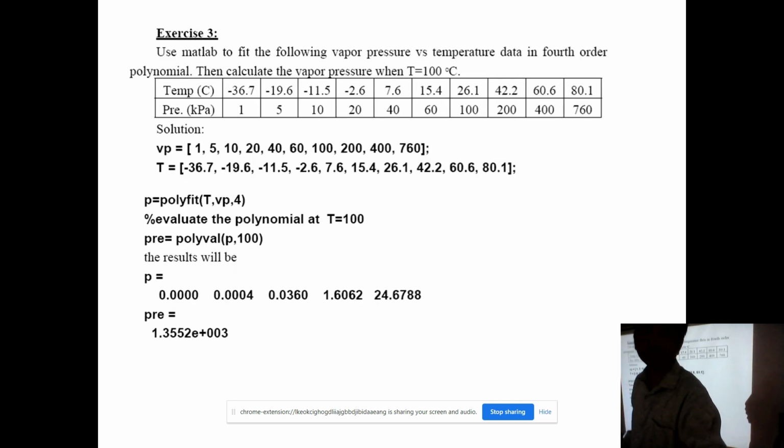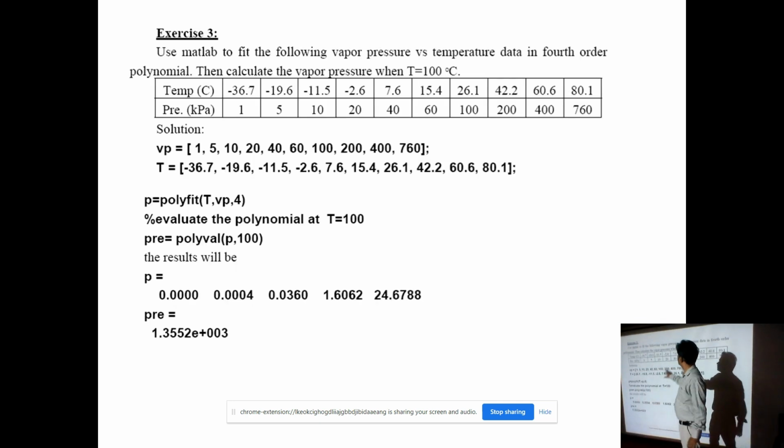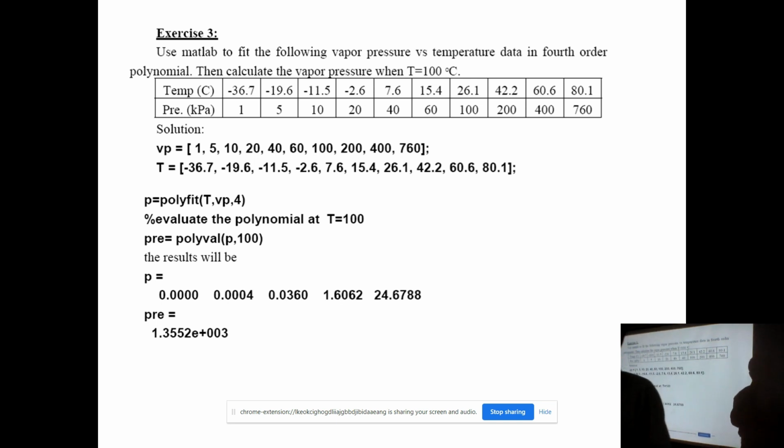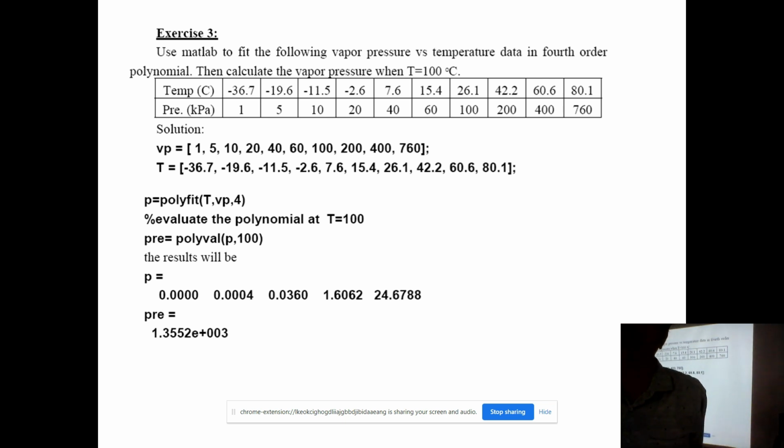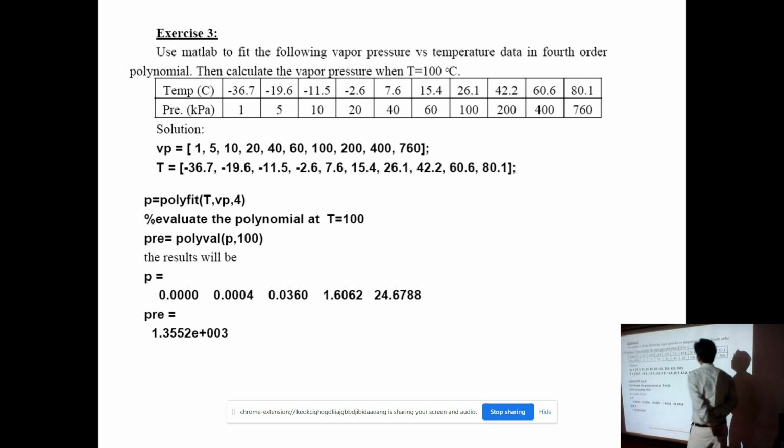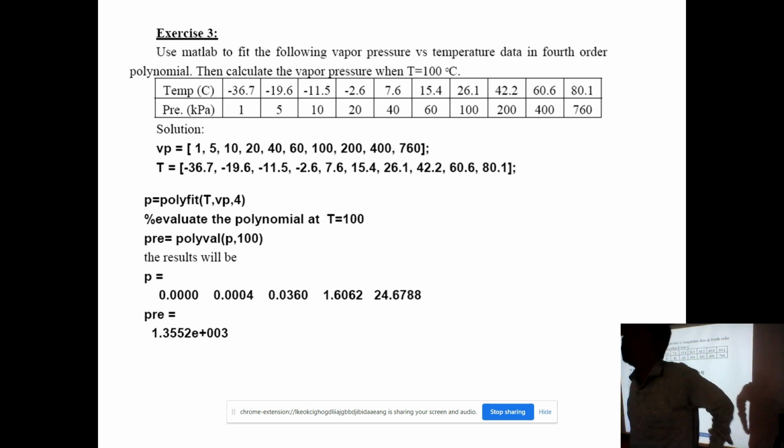I have given one problem here. Just look at this problem. Better you note it down. Use MATLAB to fit the following vapor pressure versus temperature data in a fourth order polynomial.